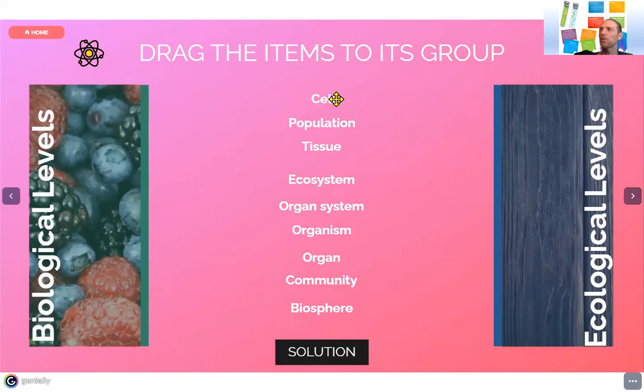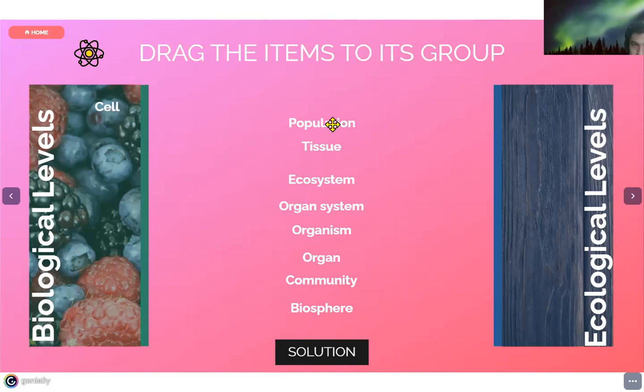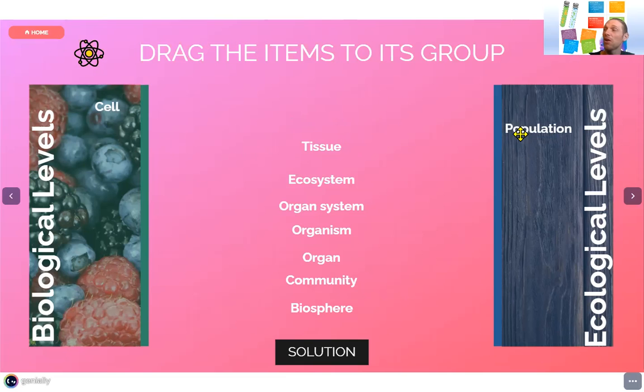A cell, is it about the individual? Is it a biological level? Yes, it's a biological level. A population, is that a biological level? No, it's ecological level because it's the environment. It's not about the organism itself.